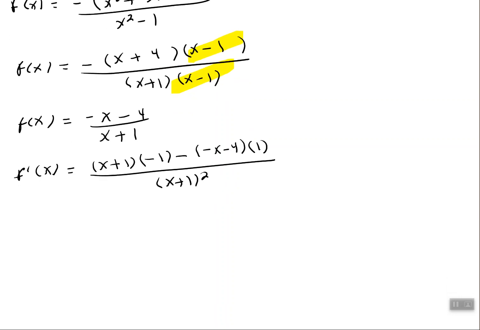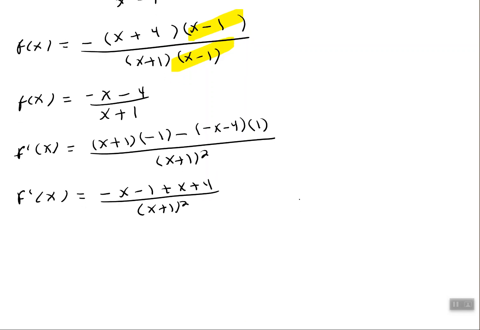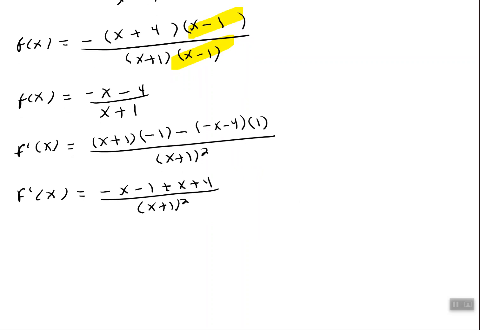Okay, and let's clean it up. So distributive property, -x minus 1 plus x plus 4, like terms.